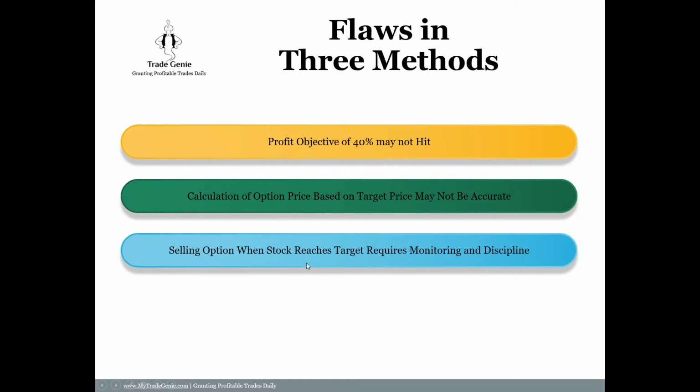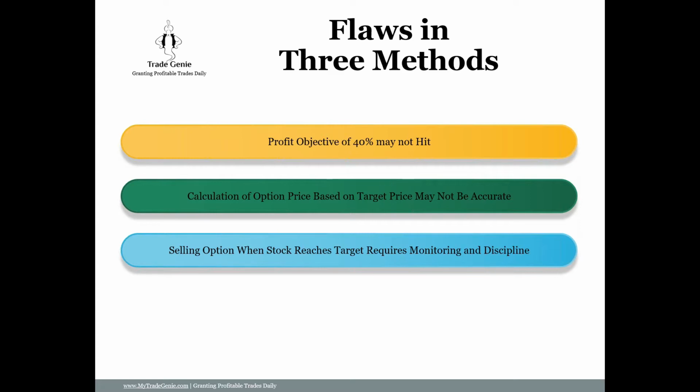So all this nonsense was going on. Then another thing, the biggest problem: selling the option when the stock reaches target. When the stock or any instrument like futures hits the target, it's very easy for greed to set in, because we always want to maximize the gain, and we say, let me move the target a little bit higher, and that's where we miss the profit altogether.